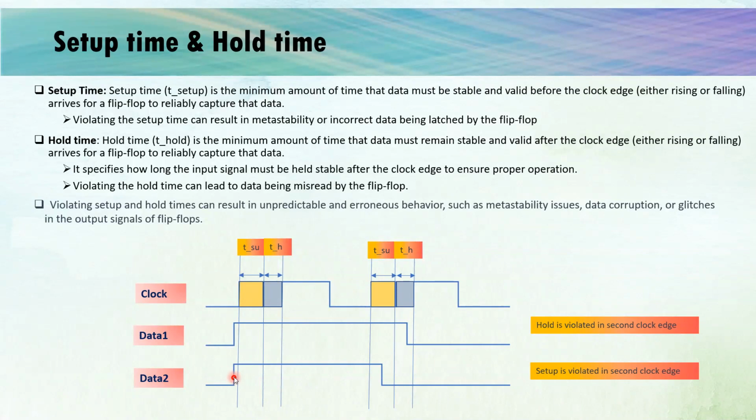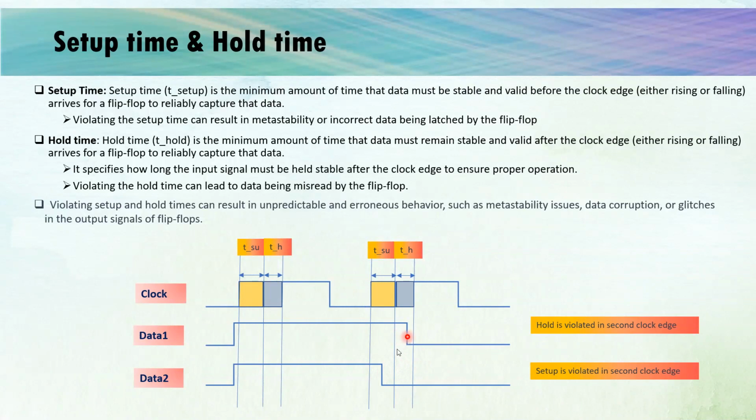On the other hand, the same data was coming here, but instead of going from 1 to 0 in the hold time, it's going from 1 to 0 during this setup margin only. So setup itself is violated in the second clock edge. So we can say that whatever data is coming here at that particular edge is not properly latched by the flip-flop.